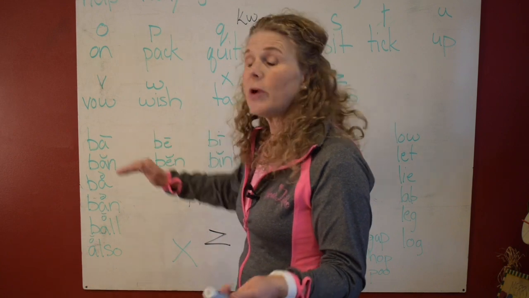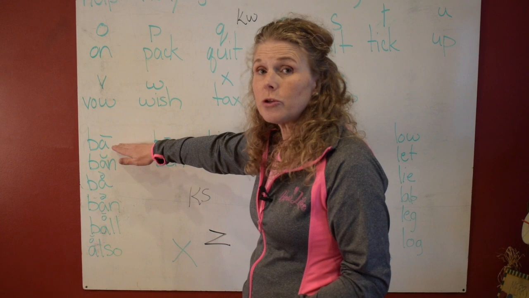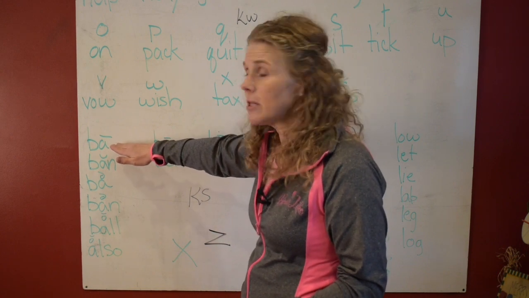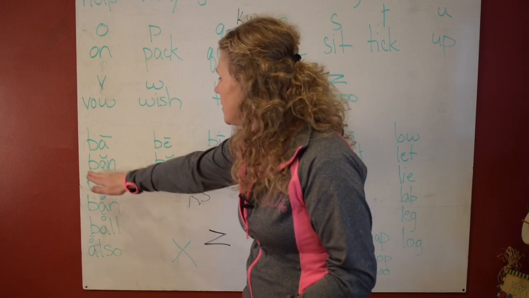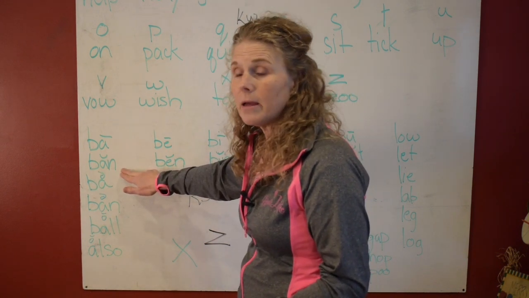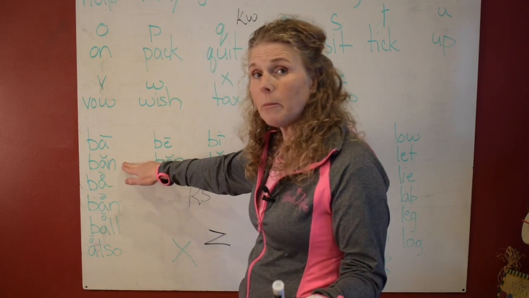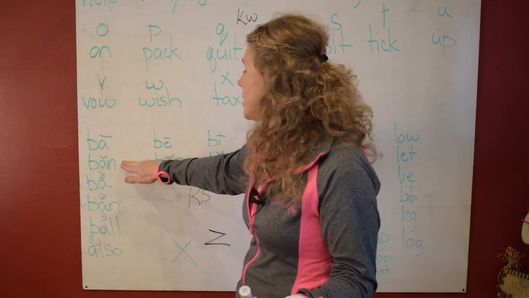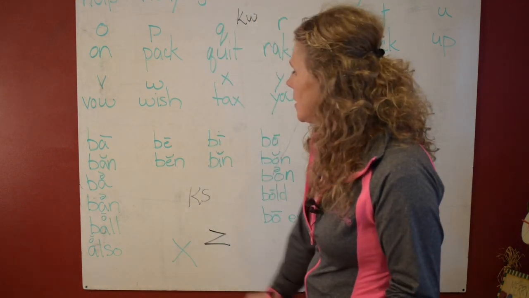But we have lots of open A's in the middle of words, and that's where you will find this in multi-syllable words. If it's accented, it will say bay. If this one is accented, it will say ban. This could be in multi-syllable words, or it could be its very own word, but if it's accented, it will say its short sound.